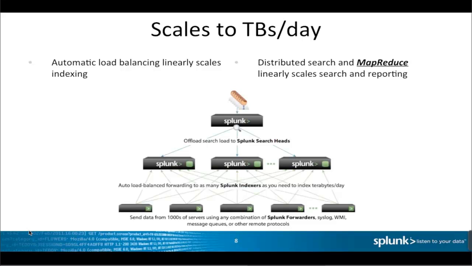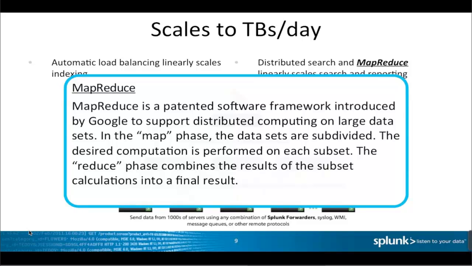When I'm running my searches, you can think of it almost like a RAID array of disk. So you start distributing these searches to multiple Splunk instances at the same time. That's done through something called MapReduce, which was a framework invented by Google.